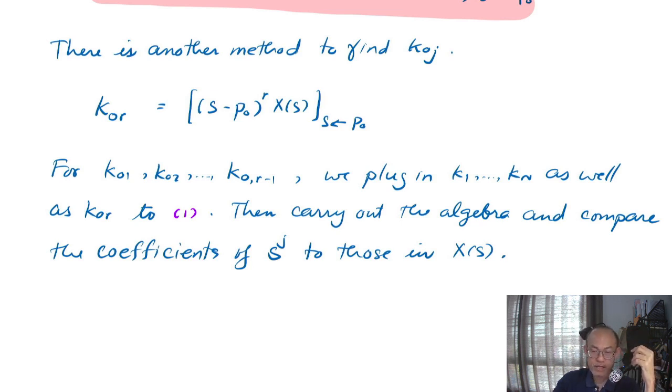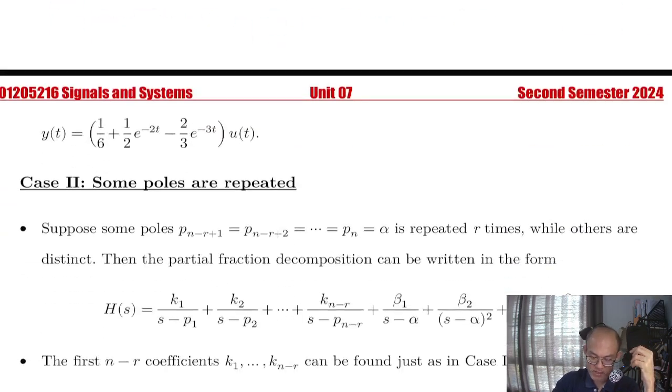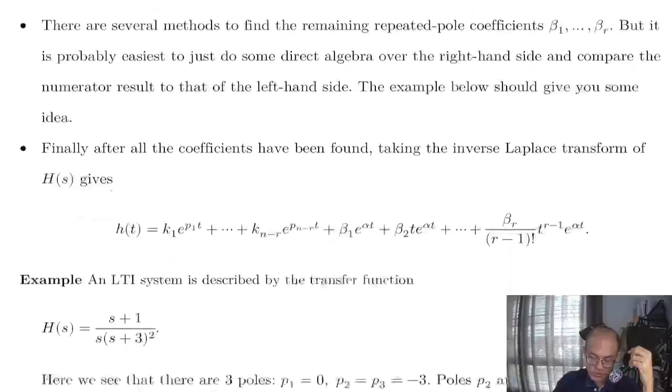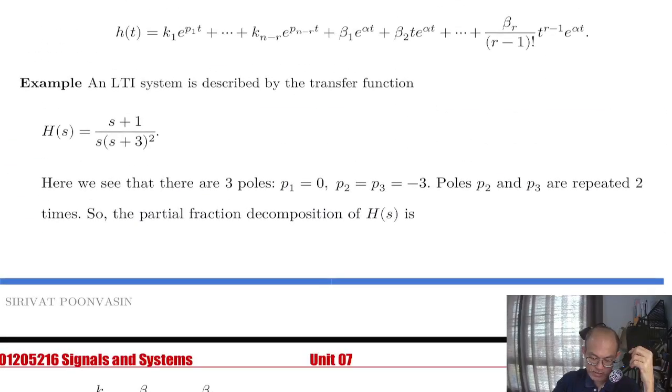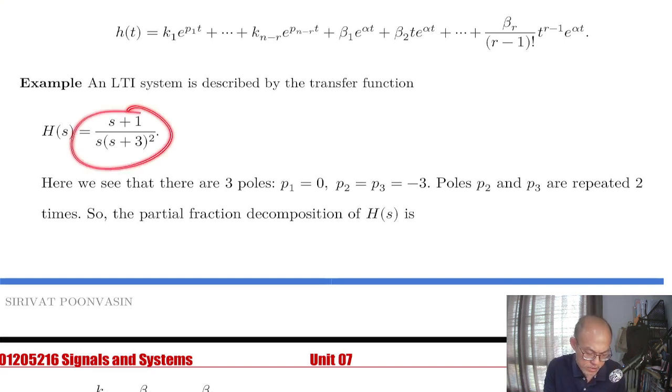Now I'm gonna give you an example of how to do this method, which might be easier. Let's look at this example. We have a function H(s) that is written as (s plus 1) divided by s times (s plus 3) squared.